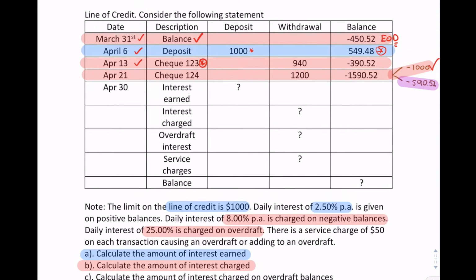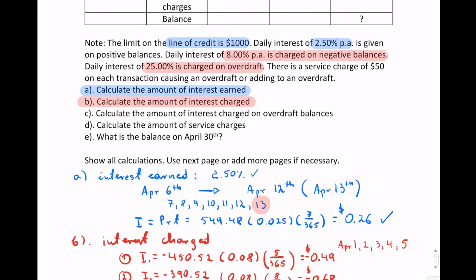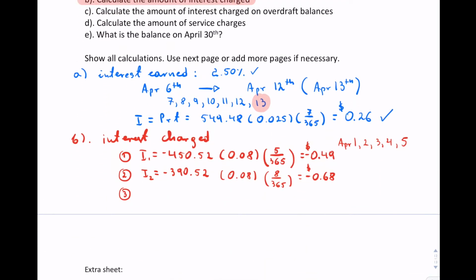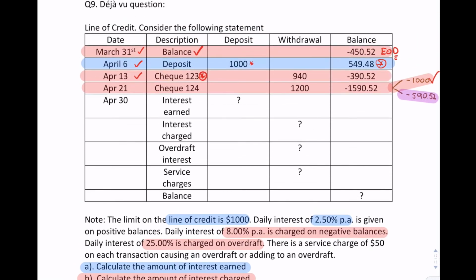So April 21st, 2nd, 3rd, 4th, 5th, 6th, 7th, 8th, 9th, and the 30th, which is 10. So we have 10 days. And now you might say, oh, you counted April 30th.